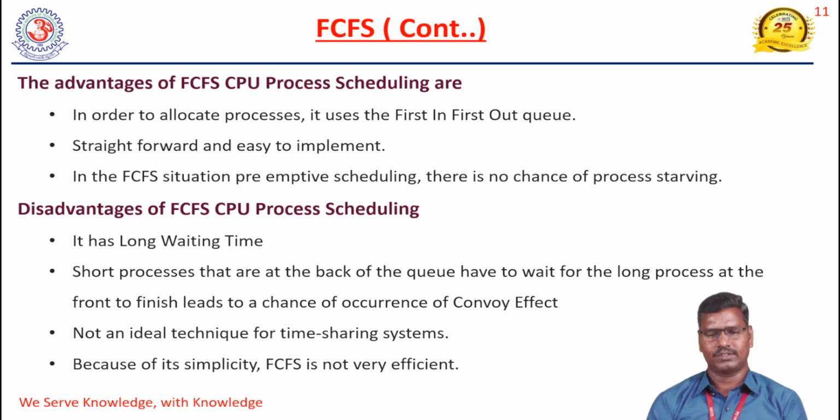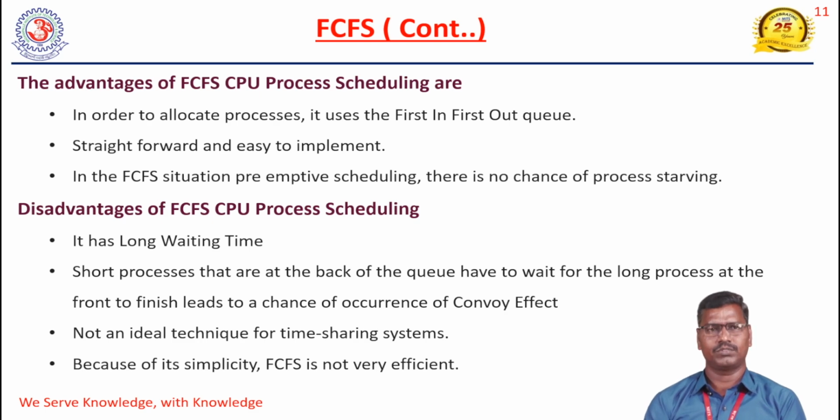It is straightforward and easy to implement. Preemptive scheduling is not applicable in FCFS, and there is no chance of process starvation. That is also one of the advantages of FCFS.